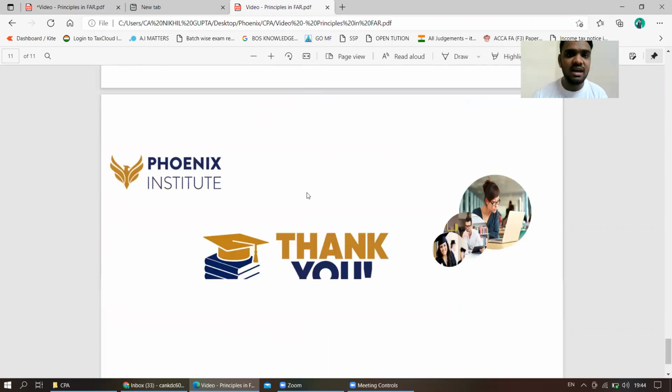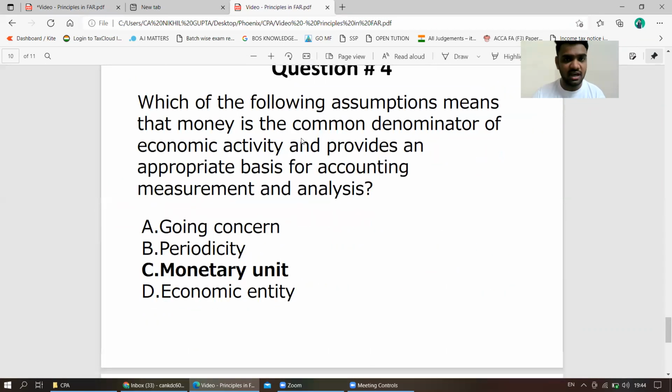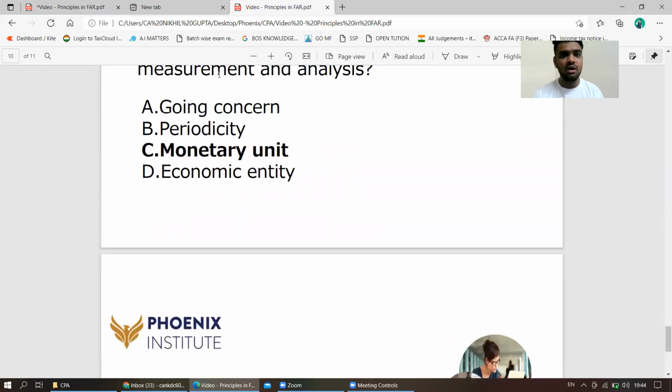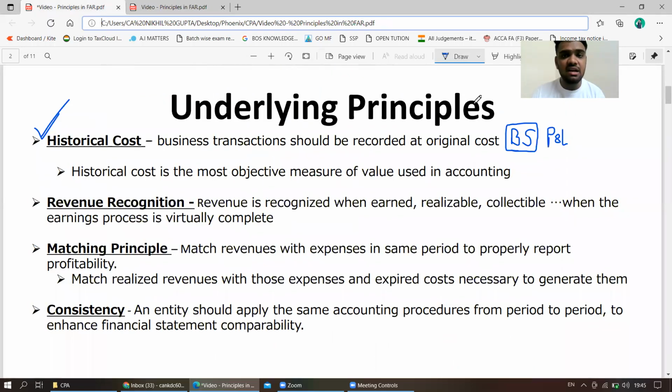Guys, you always have to focus on the cost. So here I am discussing how we deal with the cost part. Exactly, when you pay something, that cost you should take in the financial statements, and in the balance sheet you're going to put the value of the asset. I hope, friends, you have understood this part.